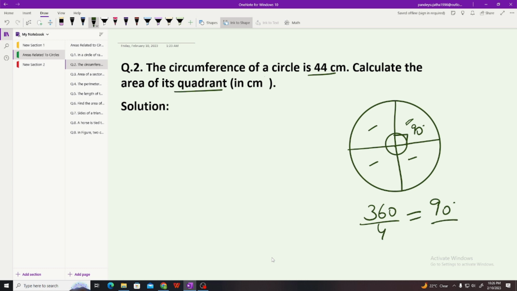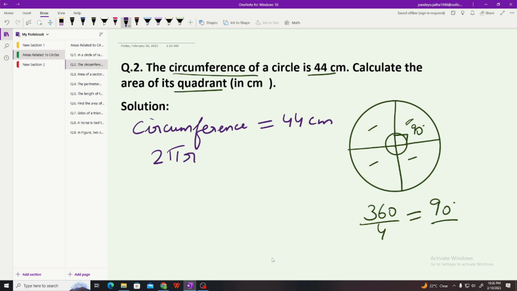So since circumference is given here, we are going to use the formula of circumference of a circle, which is 2 pi r. Circumference is given here as 44 centimeter, so 2 pi r is equal to 44.